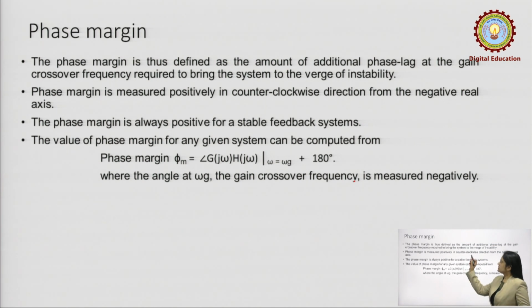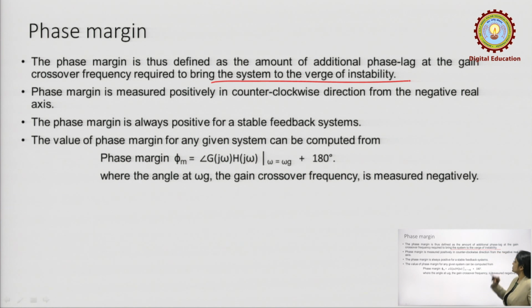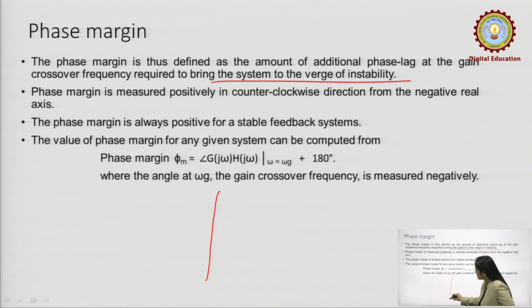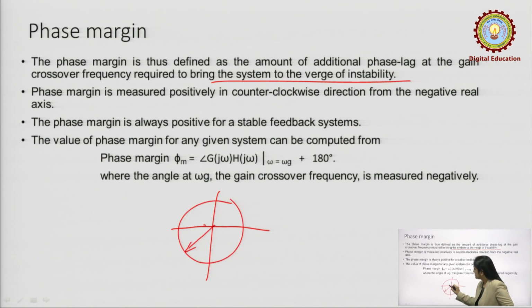So, the phase margin is defined as the amount of additional phase lag at the gain crossover frequency required to bring the system to the verge of instability. Phase margin is measured positively in the counterclockwise direction, as mentioned here also. That means the phase margin is measured positively.